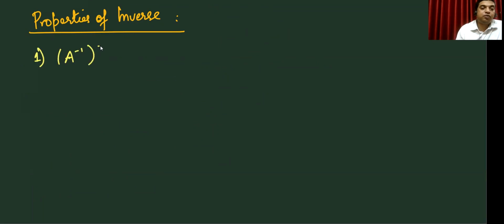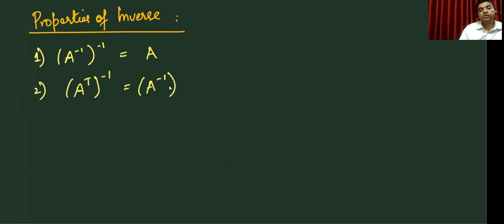A inverse, the whole inverse, is equal to A. Then A transpose whole inverse is A inverse whole transpose.